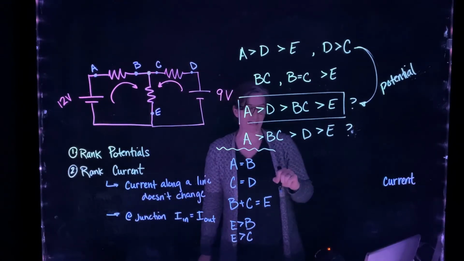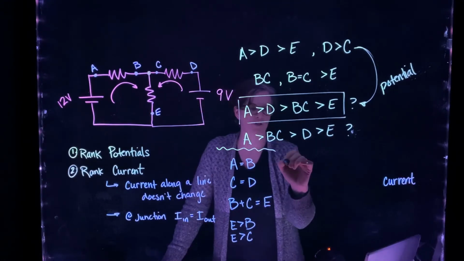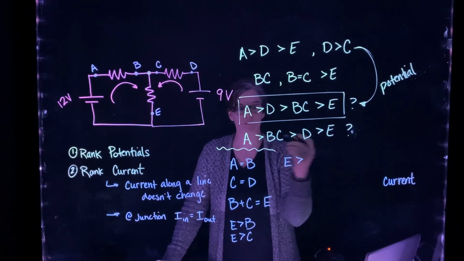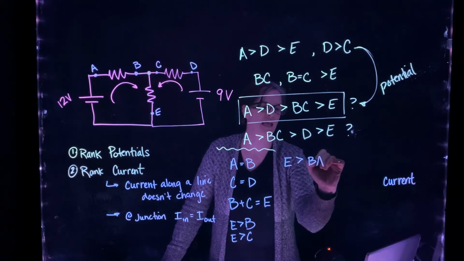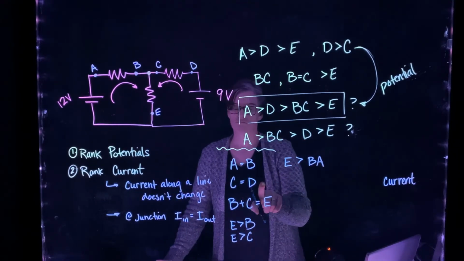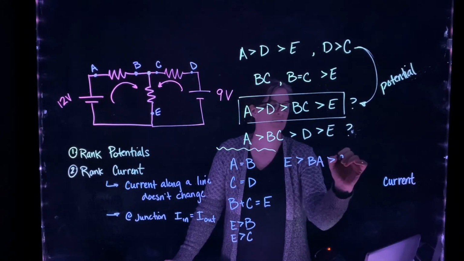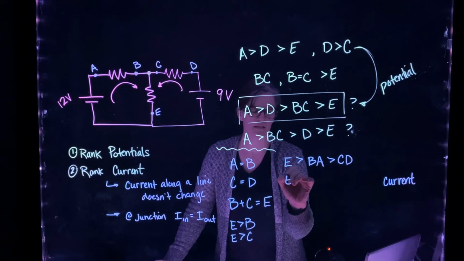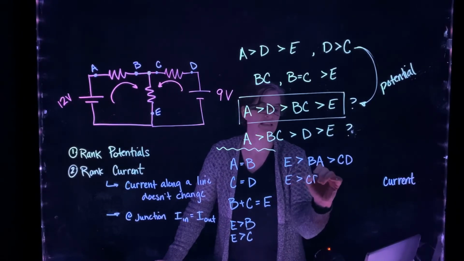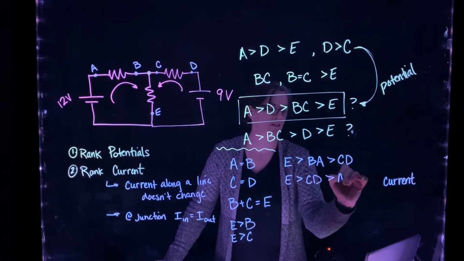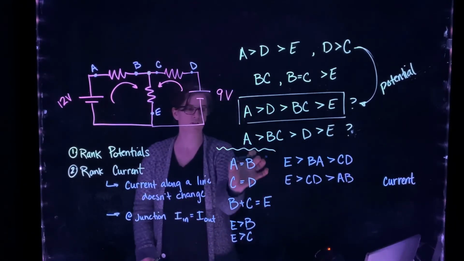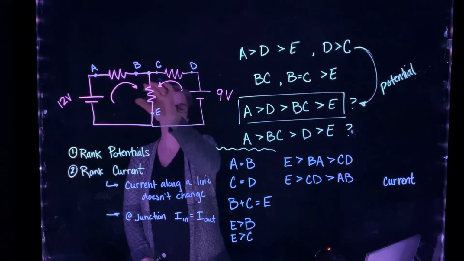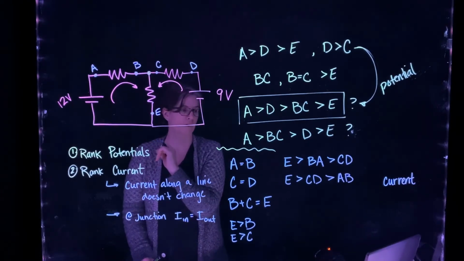So where do we land? We have an option that E can be greater than B, which is equal to A, so E is greater than BA, which could be greater than CD. We have an option where E can be greater than CD, which is greater than A and B. The current out of the 9-volt battery is greater than the current out of the 12-volt battery.